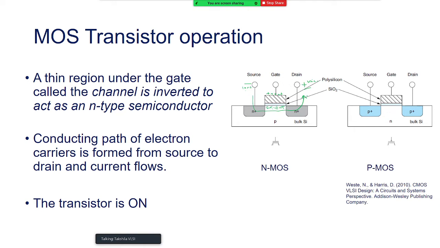So the conduction path of electron carriers is formed from source to drain, or we say that the current flows from drain to source, because the current flows from the positive terminal to the negative terminal, right? This is how it works, and in this condition we say that the transistor is on, right?